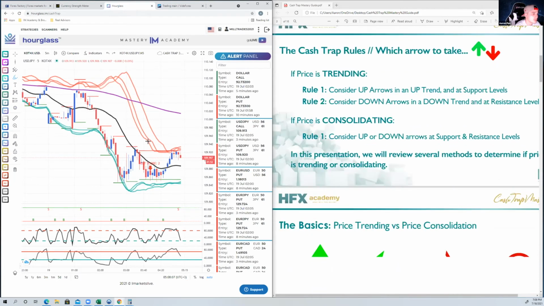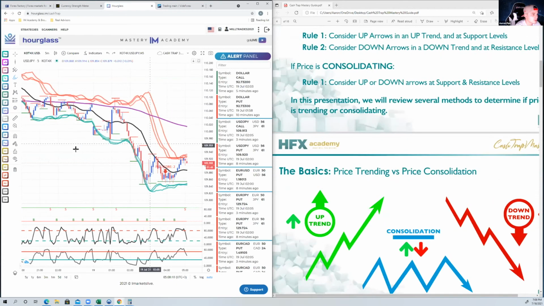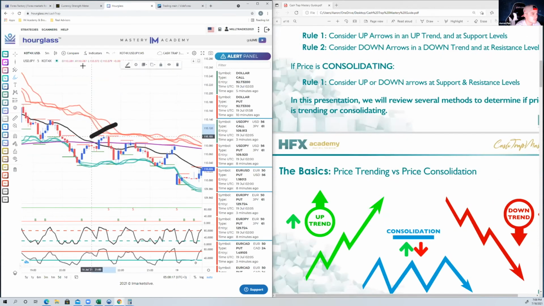If price is consolidating, rule 1: consider up or down arrows at support and resistance levels. This is the consolidating that we're talking about over here. Whenever you see the market consolidate, it means it's staggered in this little channel, like a river. If you look at a river, it's just a very straight stream.